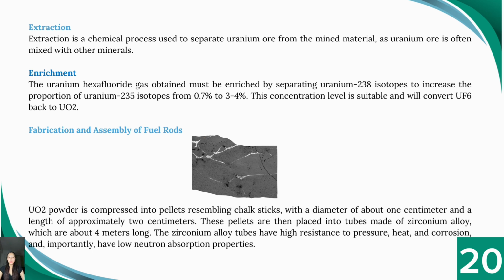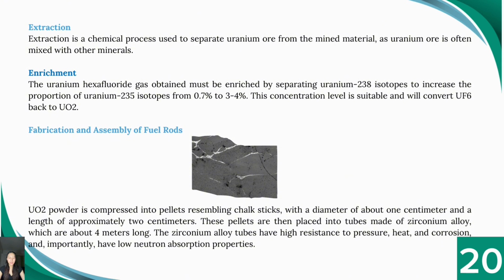Fabrication and assembly of fuel. Loose uranium powder is compressed into pellets resembling chalk sticks, with a diameter of about 1 cm and a length of approximately 2 cm.